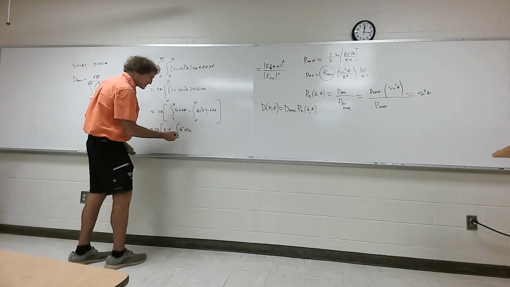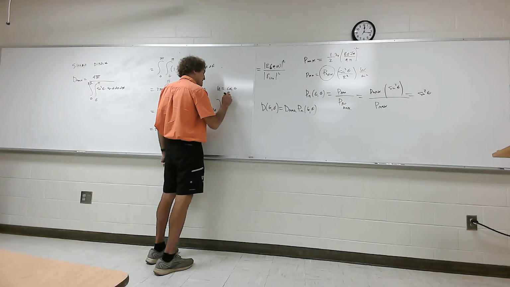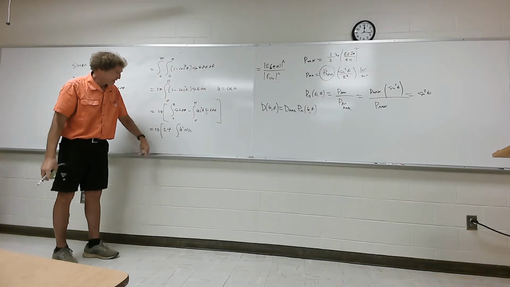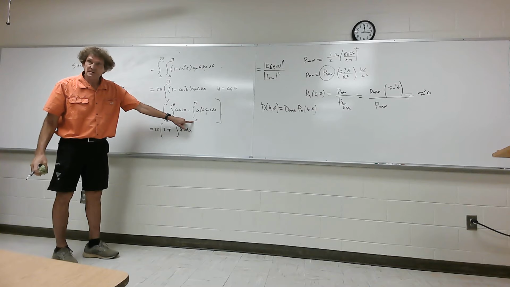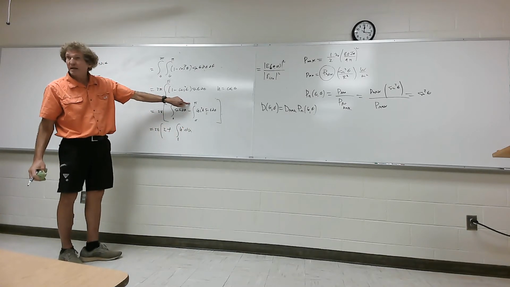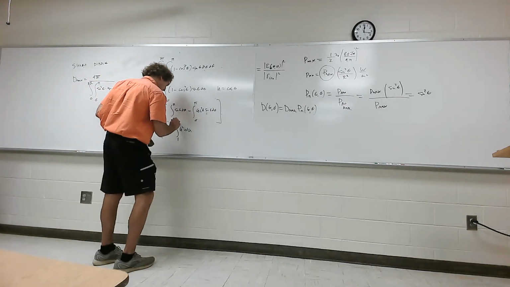Maybe I should put this down. U is equal to cosine theta. I have to substitute in the other limits now. That would be 1. Do you agree with me? Now, when theta is pi, cosine is minus 1, right? So it's minus 1.